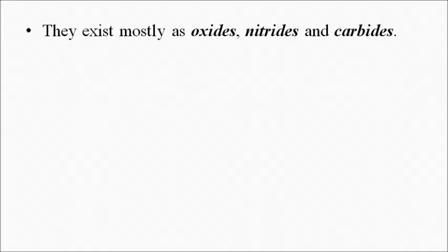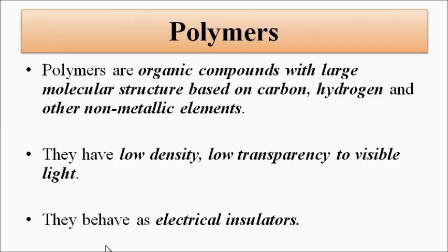Then the third category is polymers. So polymers are basically organic compounds with a large molecular structure, and is mostly based on carbon, hydrogen and other non-metallic elements.